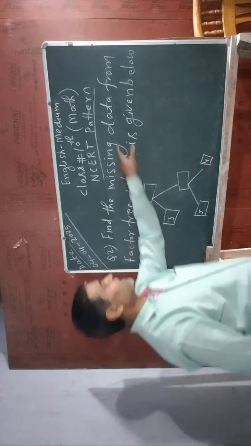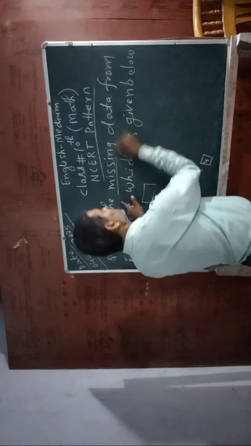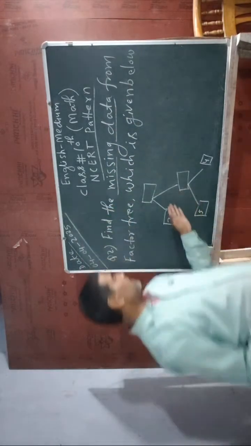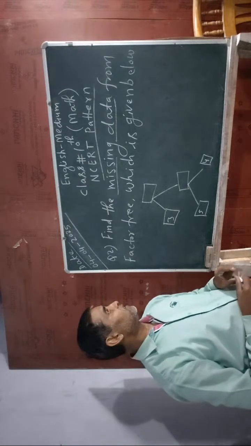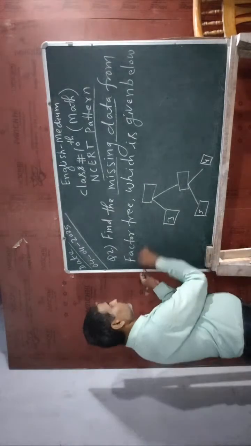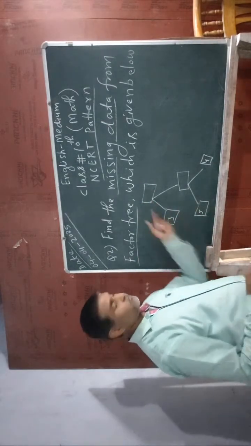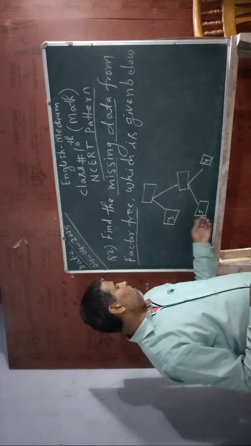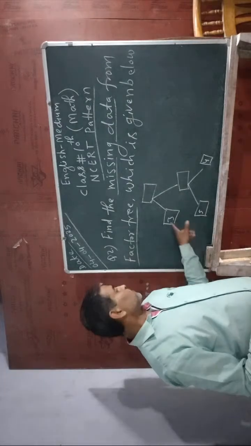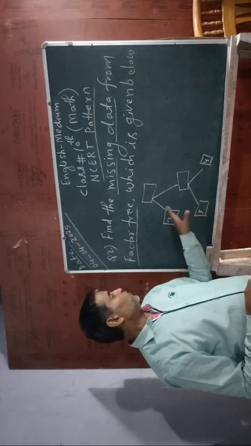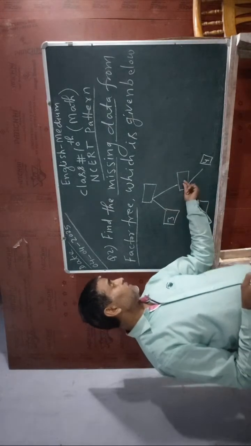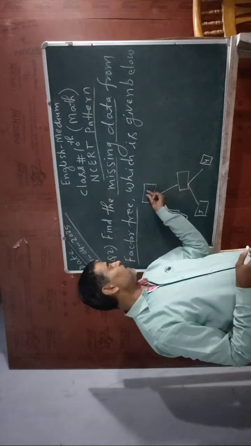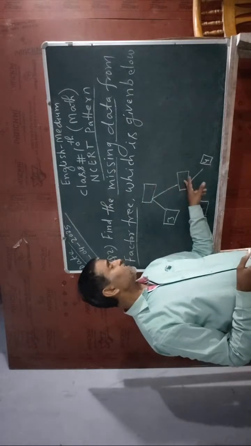So find the missing data. Missing data means missing information which is available in the factor tree. This figure is known as a factor tree. From this figure, some data are available here. We have to get the value of this data and this data, because here the data is empty.